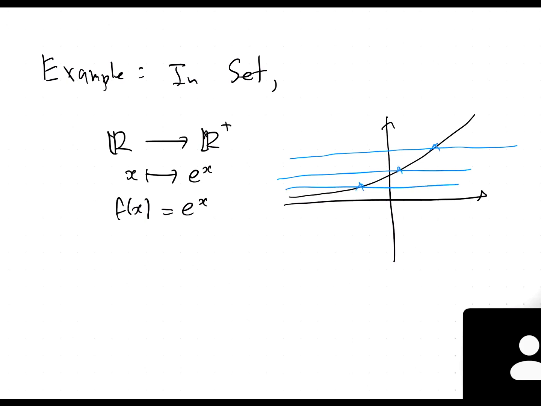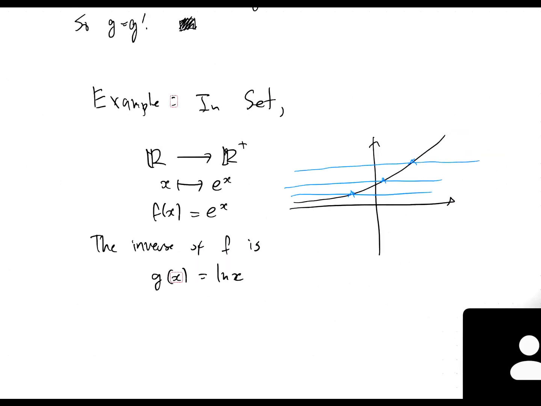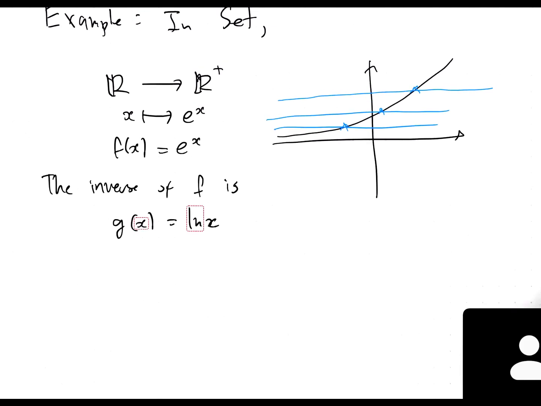It kind of shows you that it's a one-to-one correspondence. And in fact, the inverse of this isomorphism, who knows what the inverse of f is? ln x. That's right. The inverse of this is the natural logarithm.